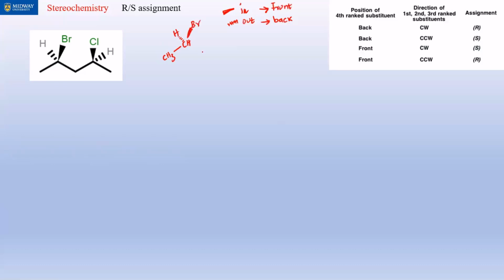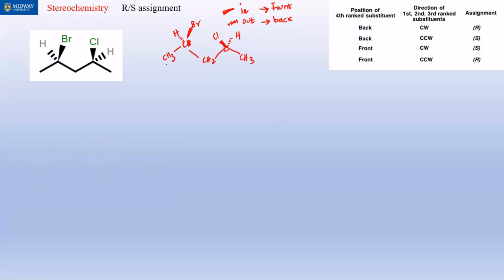The first time we're doing this, so I'm writing it this way, but I would not consistently be doing it this way because it takes time and it defeats the purpose of a line structure, right? But the first time I'm doing it because this carbon is attached to a hydrogen, a Br, and this whole thing, and then a CH3, right?